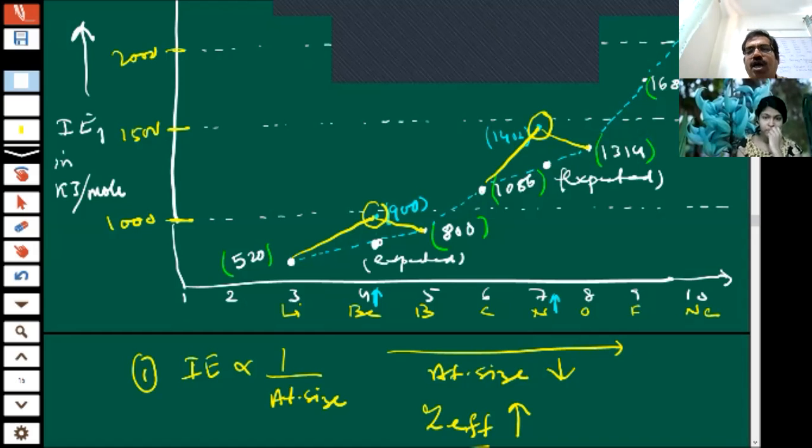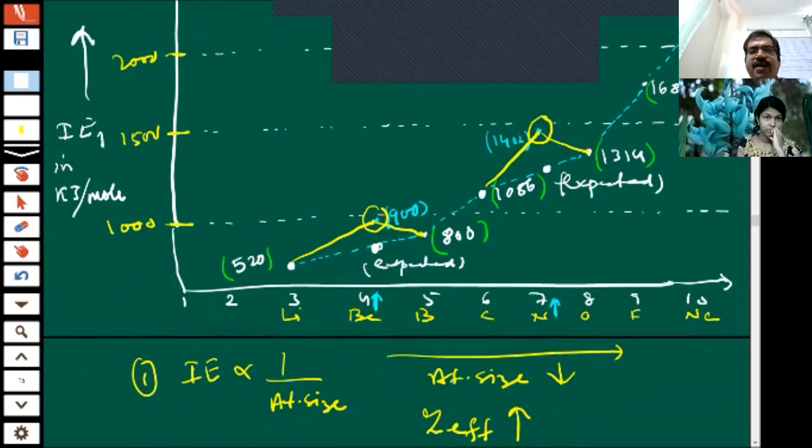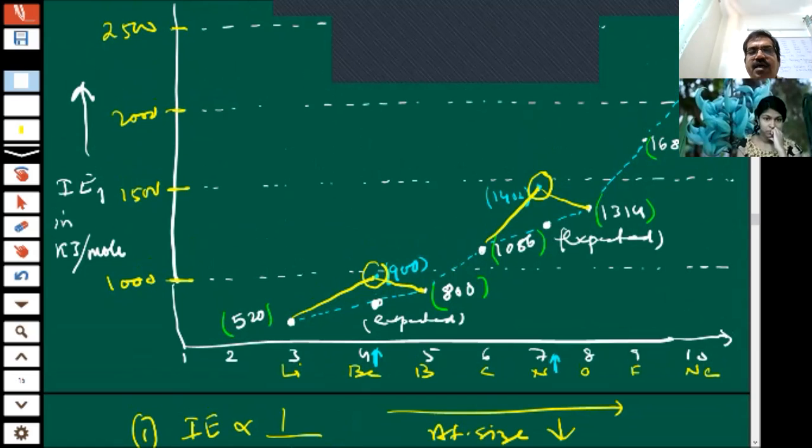But the values are different. So now we have to assign a proper reason why beryllium has higher value than the expected value, and why nitrogen has higher value than the expected value.